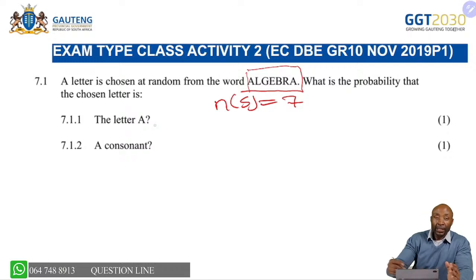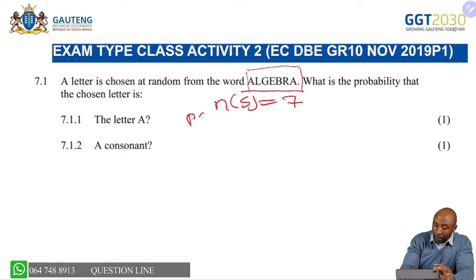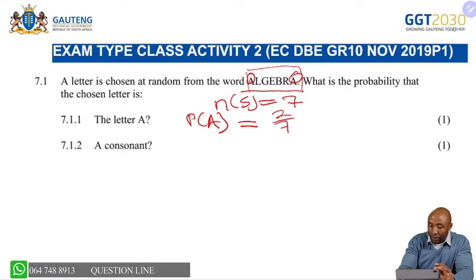So these letters can be given in the form of cards you are just choosing. So the probability of getting the letter A will be given by how many A's do we have? 1, 2. So this will give us 2 out of 7. That's the probability that we have. Now, so you'll get 1 mark for that.